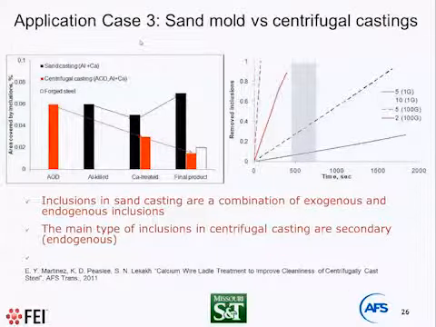Application case number 3. One foundry would like to expand their product into forged products, to substitute casting for forging. This foundry was equipped with AOD, and we did a comparison of what the level of non-metallic inclusions will be if we use different technology: simple gravity sand casting versus centrifugal casting.